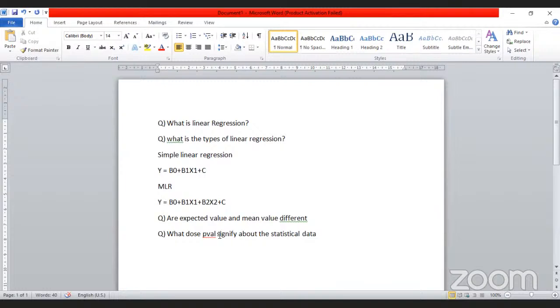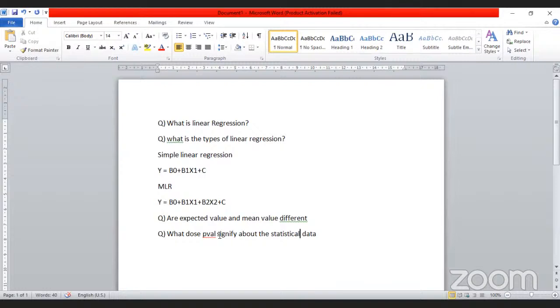In our hypothesis testing, we have a null hypothesis and an alternate hypothesis. If the p value is greater than 0.05, we cannot reject the null hypothesis.